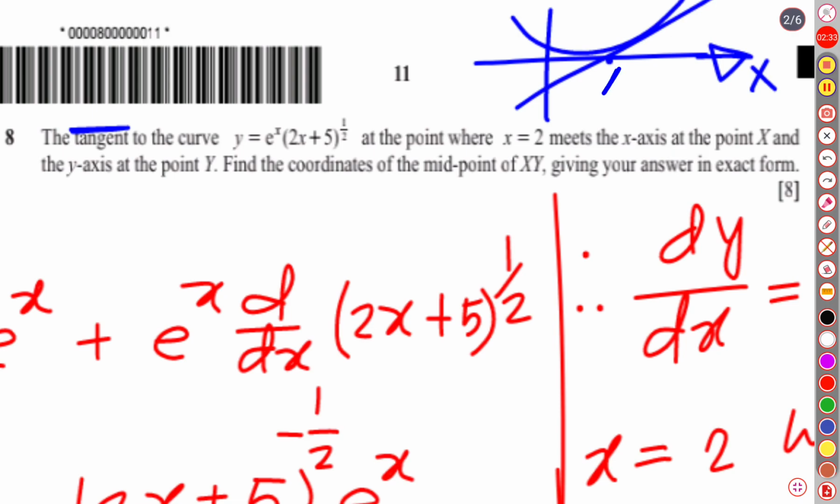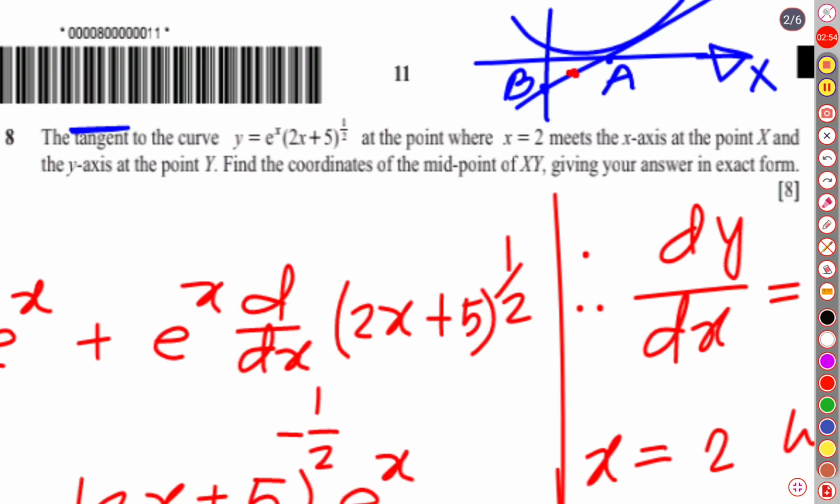Suppose this is our A. And it intersects at this point on the y-axis. So this is how the scenario is, and they have told us to find the midpoint. Suppose this is our line AB, and we will find the midpoint.